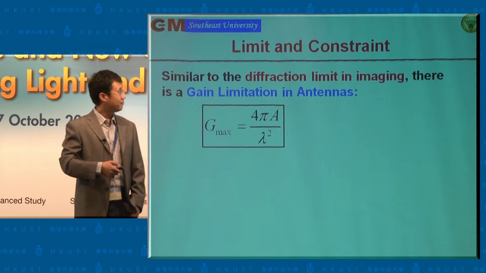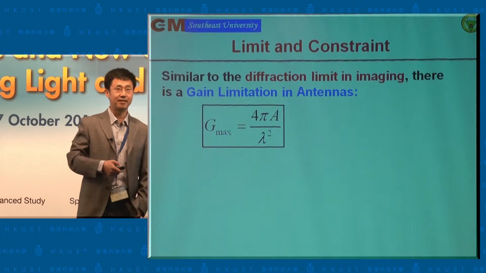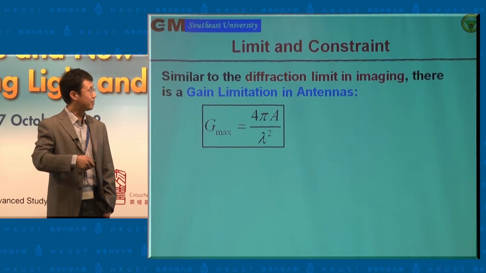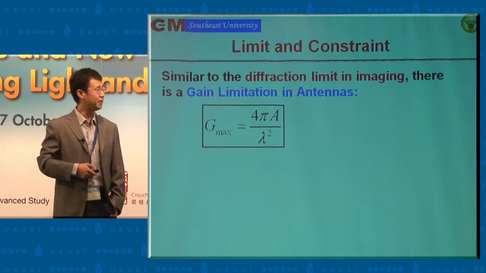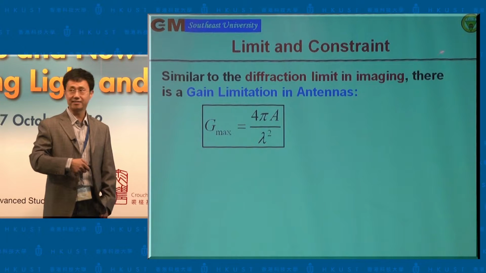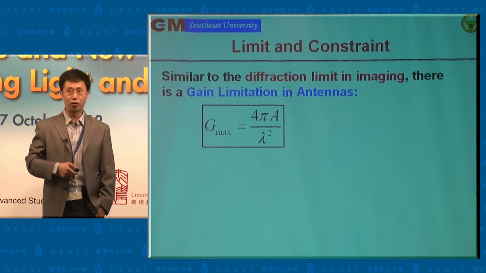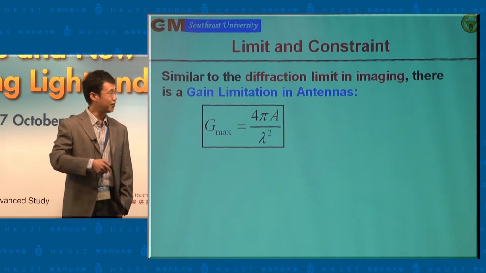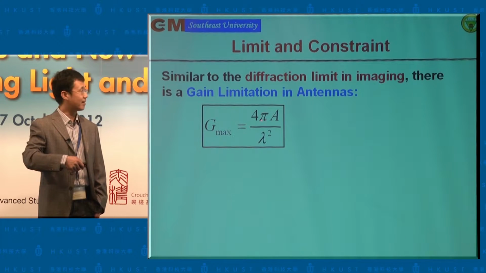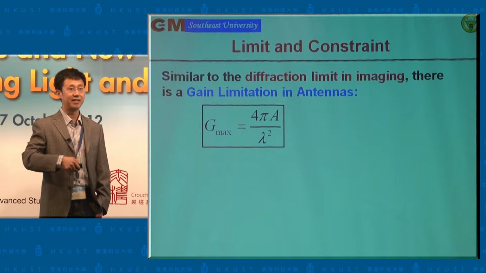A big concept in antennas is very similar to the diffraction limit in imaging. That is, there is a gain limitation in antennas. For any antenna in nature, the maximum gain cannot be larger than this limitation.